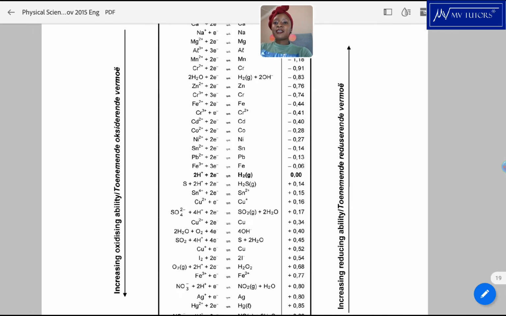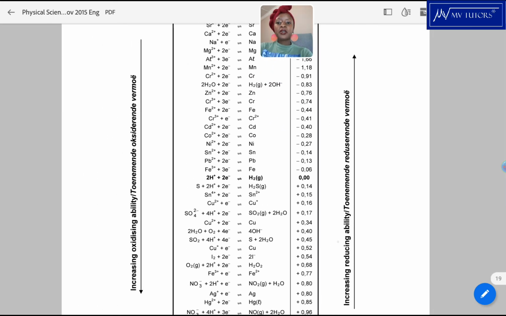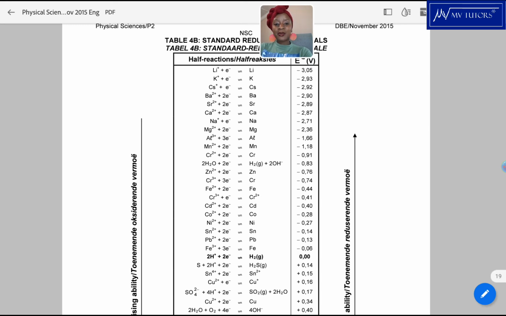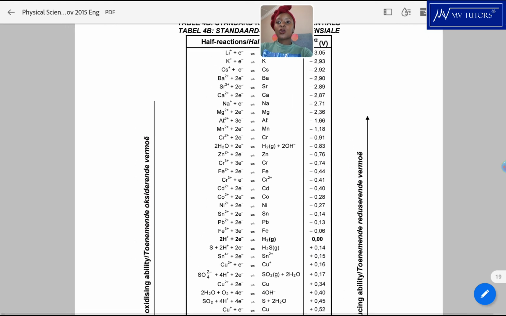But if you're going up the table, that is increasing reducing ability, meaning the power of the reducing agent increases as you go up the table. Remember, reducing agent goes with oxidizing. So on the negative side, they will oxidize much better.